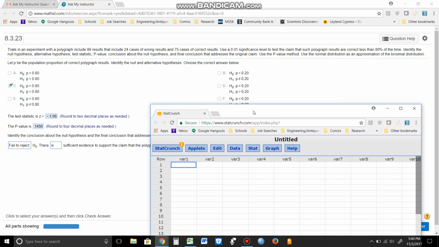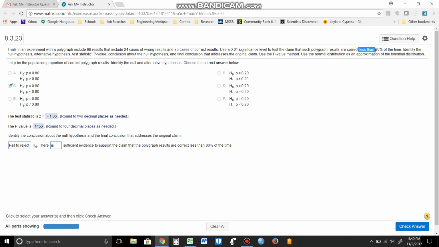And again, the null hypothesis is going to be that the proportion is 0.8, and the alternative is going to be less than 0.8. And again, how do I know it's less than? Look at your problem statement, and there's the words less than right there. Remember that problems are typically told from the perspective of the challenger, from the perspective of the alternative.